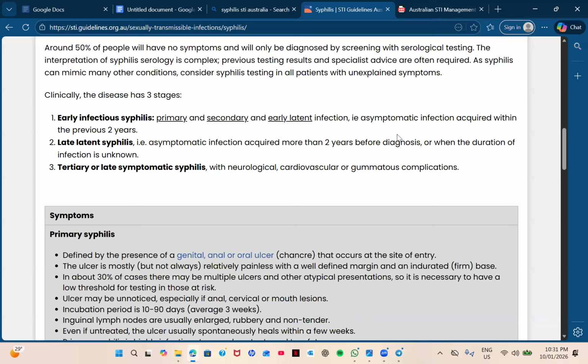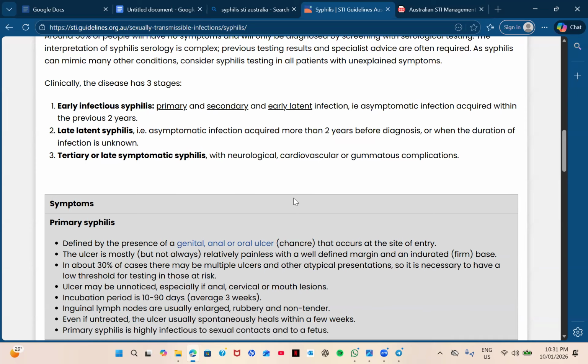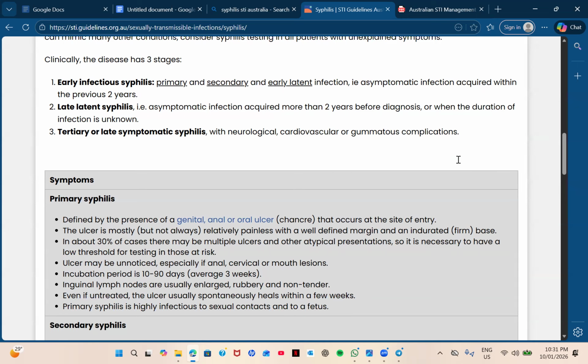In early latent infection, the infection was acquired within the previous 2 years. Late latent syphilis is asymptomatic infection acquired more than 2 years before the diagnosis, or when the duration of infection is unknown. Tertiary syphilis comes with neurological, cardiovascular, and gummatous complications. I'll show the pictures, okay?